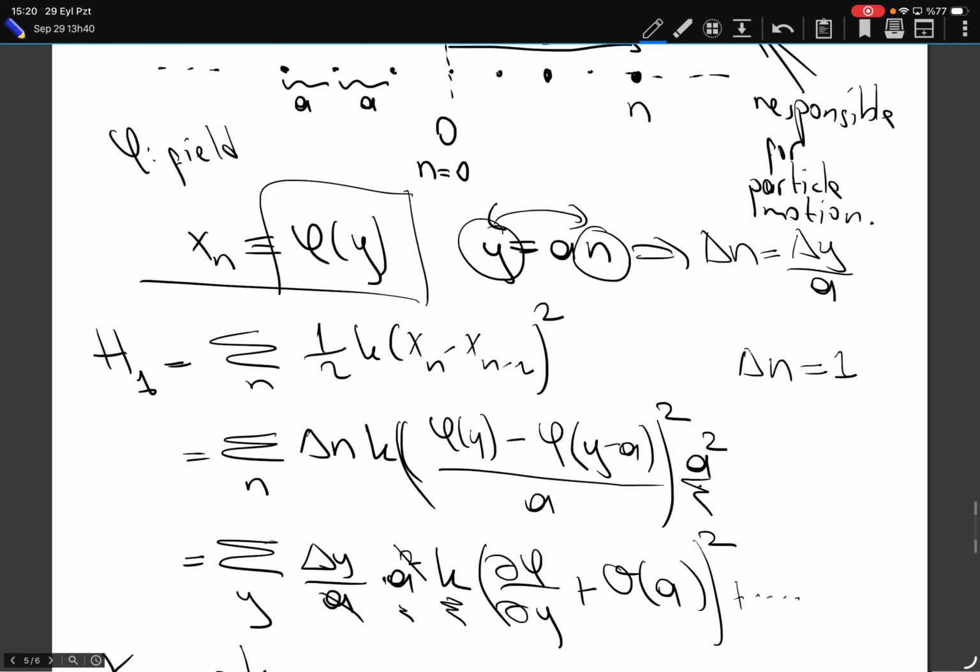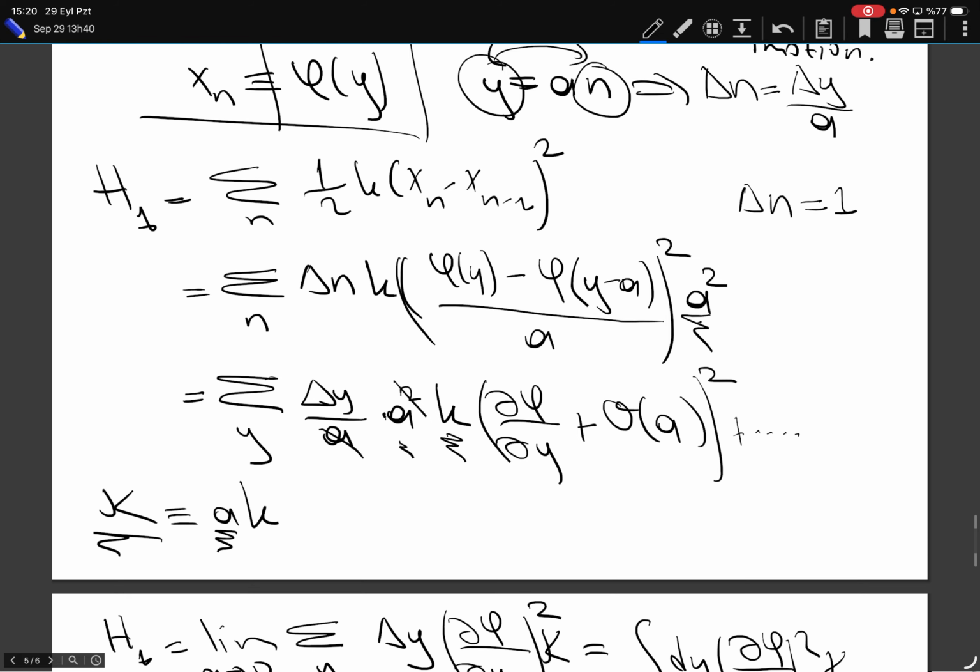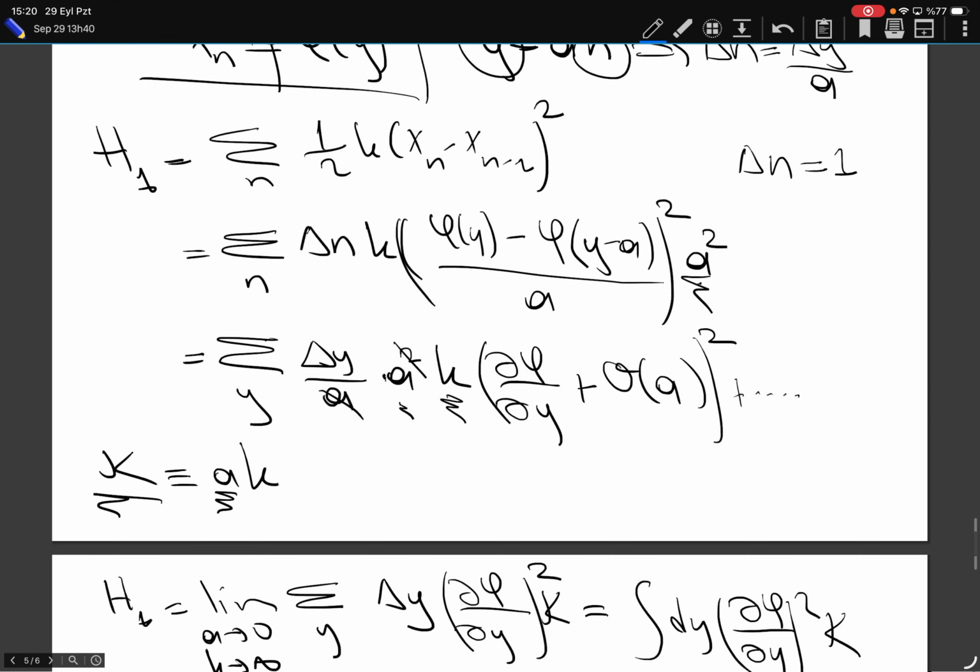Let's keep everything finite, a is finite. As I say, k goes to infinity. But you see, if I take the limit a goes to 0, k does not appear on its own. k always comes with a in the continuum limit. So what will have physical importance is a times k.